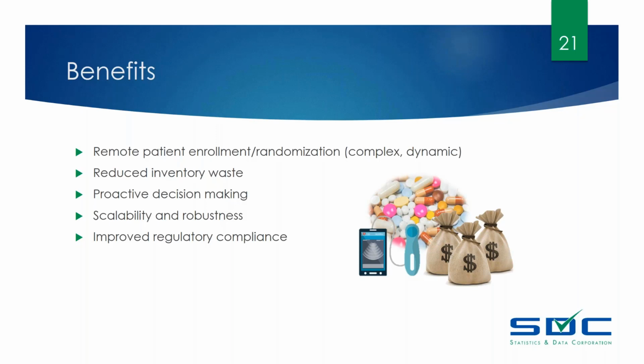A few examples would be a subject is not able to be randomized in the IRT until the stratification data is entered, or a subject is not assigned inventory until randomized.